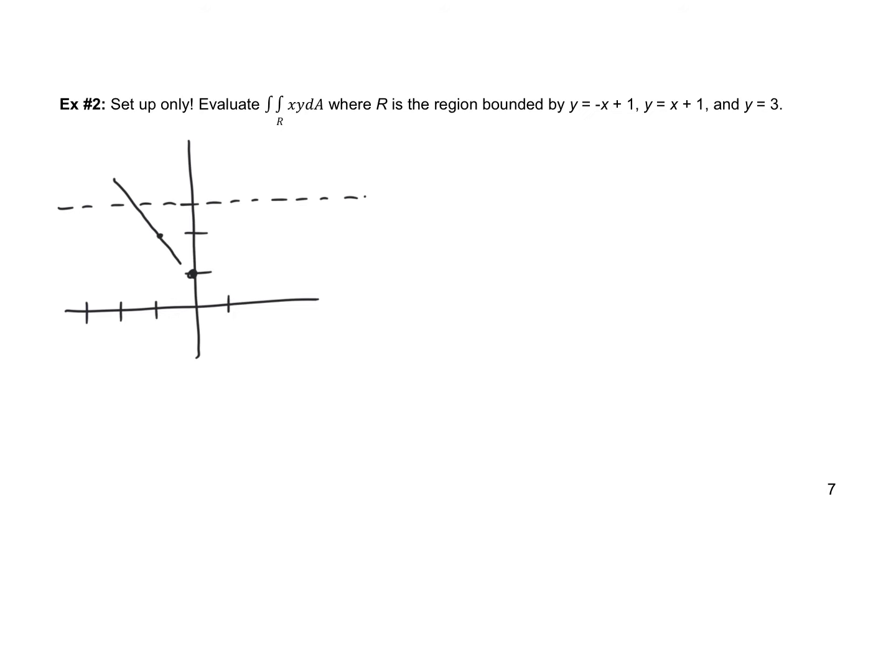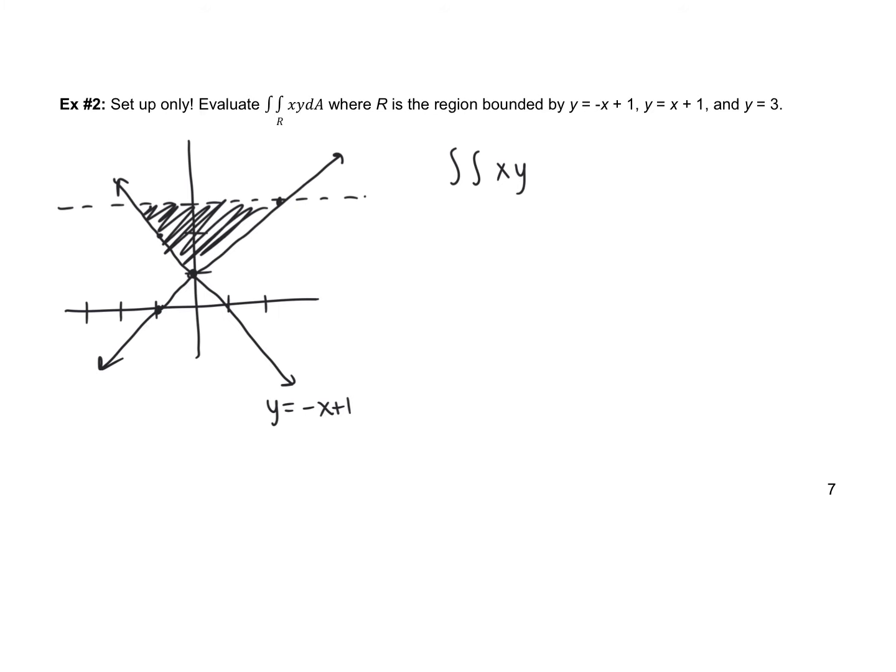This is not a super accurate picture, so please forgive my poor drawing skills. And then we have x plus 1, so similar idea. And there's our region. So we're going to have our double integral of xy.